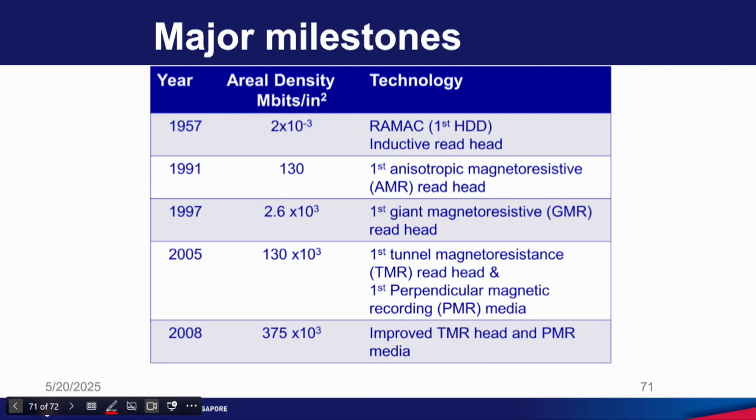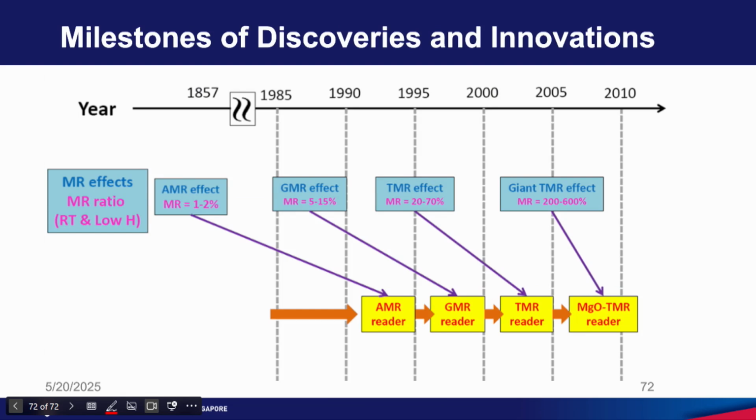Okay, so if you look at the industry introduction, we learnt about AMR. AMR was introduced in the 1990s. We learnt about GMR. GMR was introduced somewhere around 2000, then TMR was introduced in the middle of 2000. Okay, so you will have all the slides.